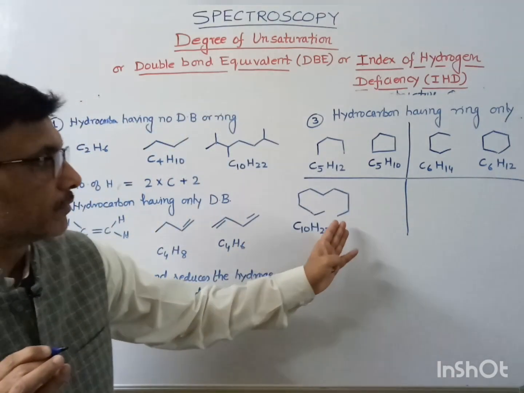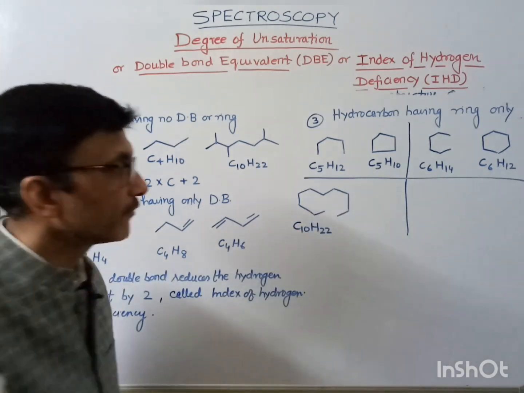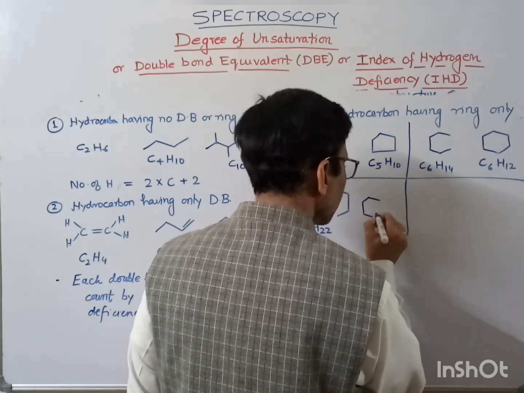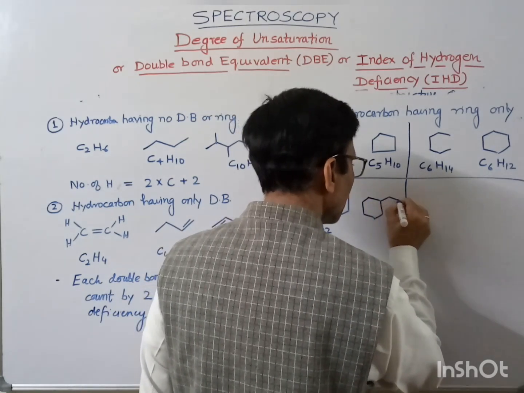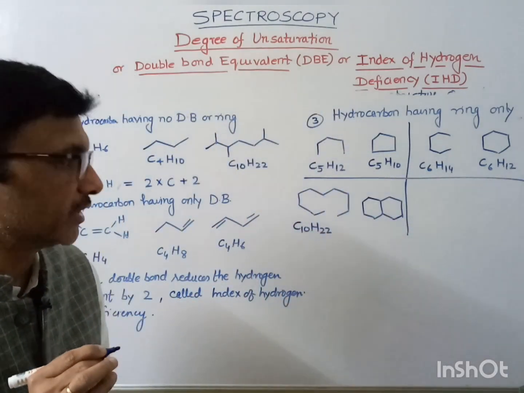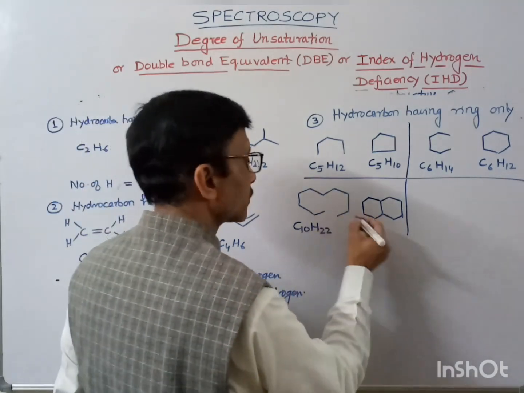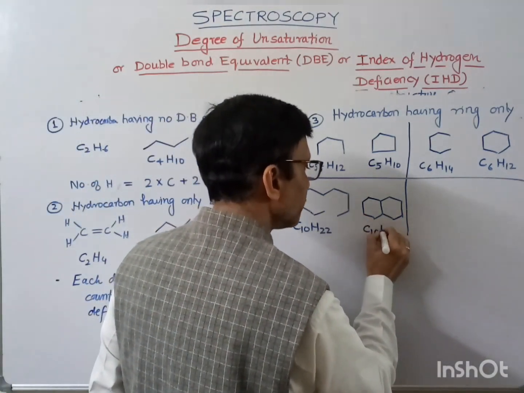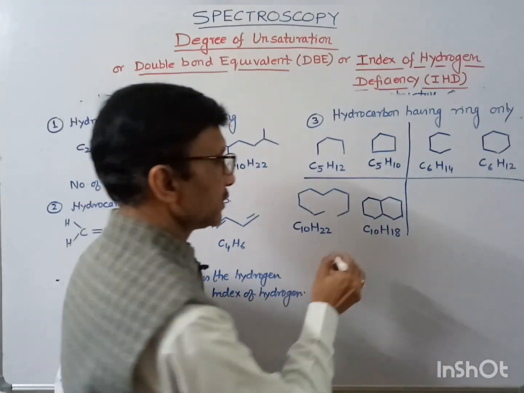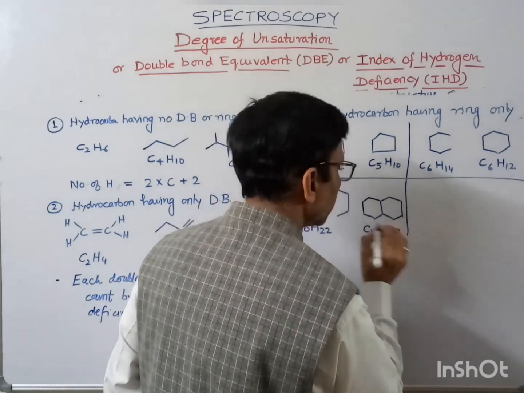Now suppose I convert it into rings, and it becomes 2 rings. Then if you count, the number of carbon atoms is 10 and the number of hydrogen atoms is here 18. This is the structure of decalin.